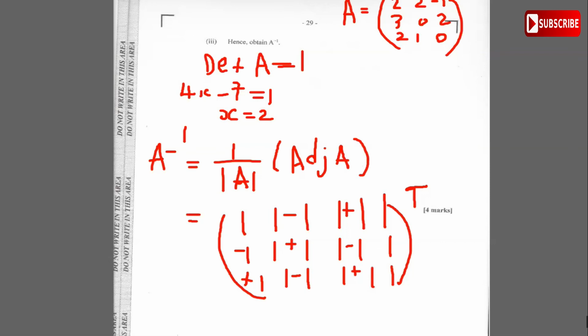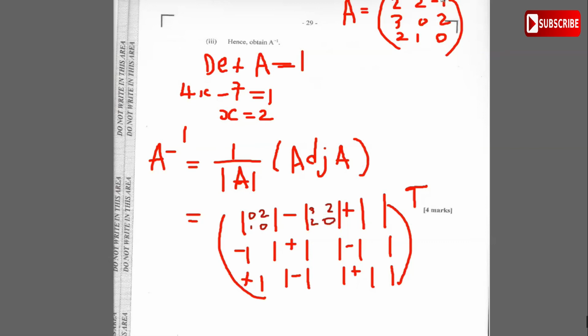So let's go ahead now and do this question. As we can see right here, to find the cofactor for this element, it's 0, 2, 1, 0. Cofactor of this element will be 3, 2, 2, 0.